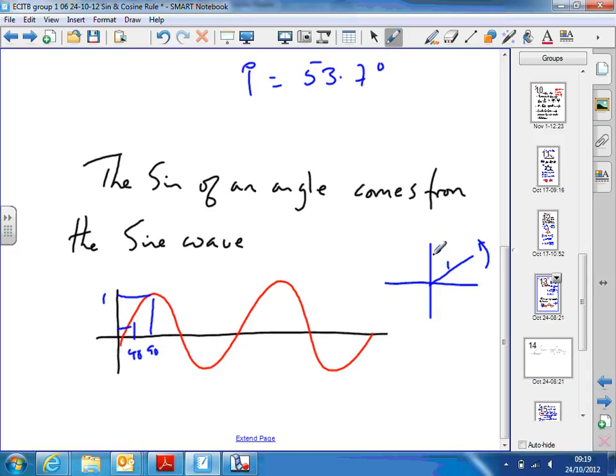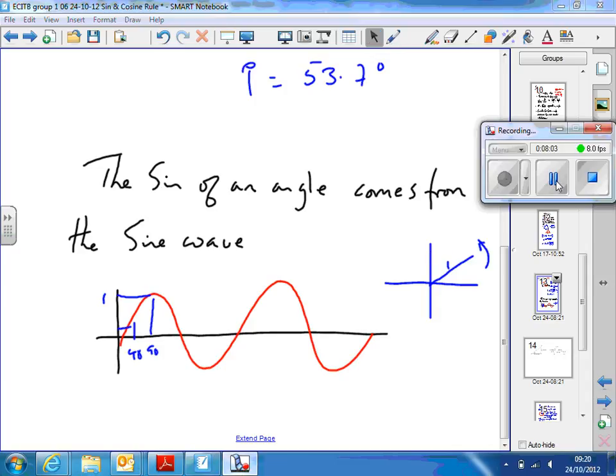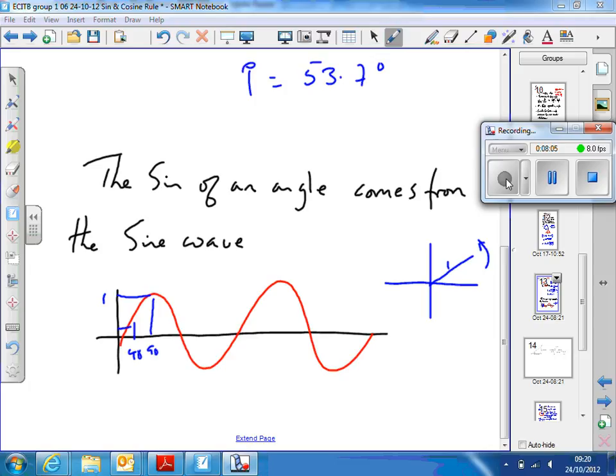If you key into your calculator the sine of 53.7 degrees, please. 0.81. So 0.81, that's 53.7 degrees. Are you focusing? 0.81 gives me 53.7 degrees.